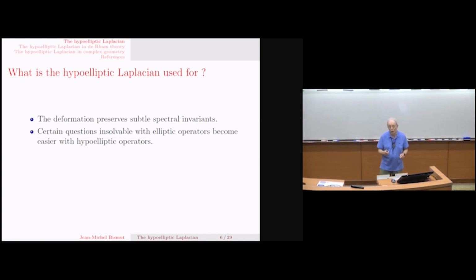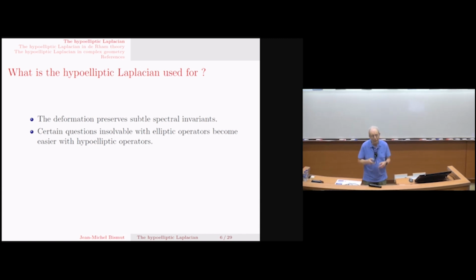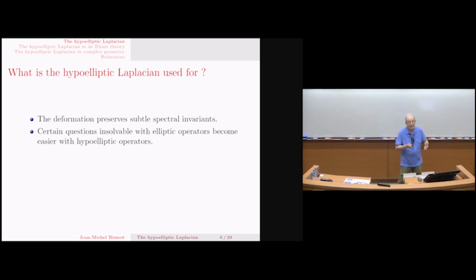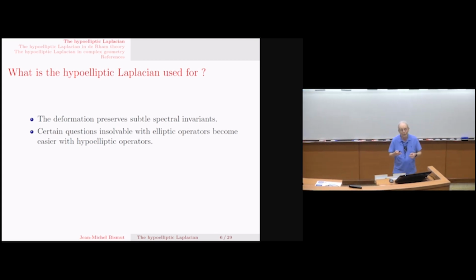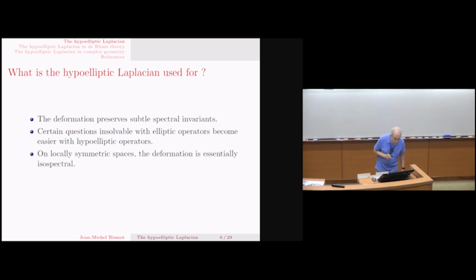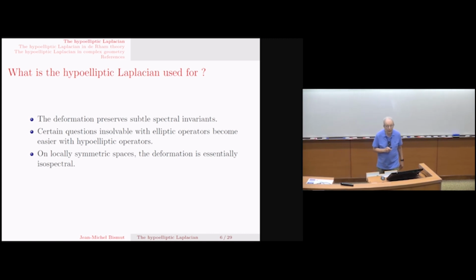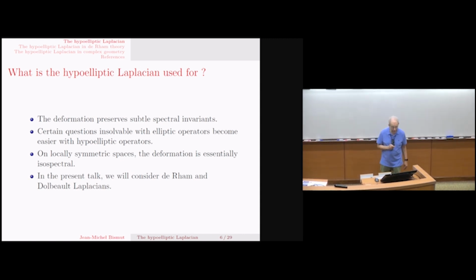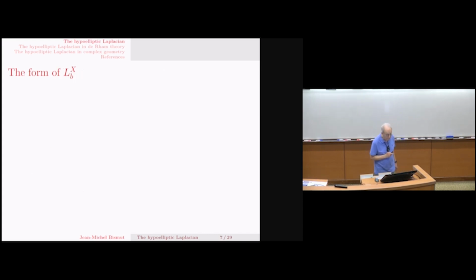So this goes to the general philosophy of people working with hypoelliptic operators. They always claim that it's harder to do that, and we will see that from a geometric point of view, to a certain extent, it's easier to work with those ones. On locally symmetric spaces, the deformation will be essentially isospectral. In the present talk, we will consider, as I mentioned, the case of de Rham and Dolbeault Laplacians.